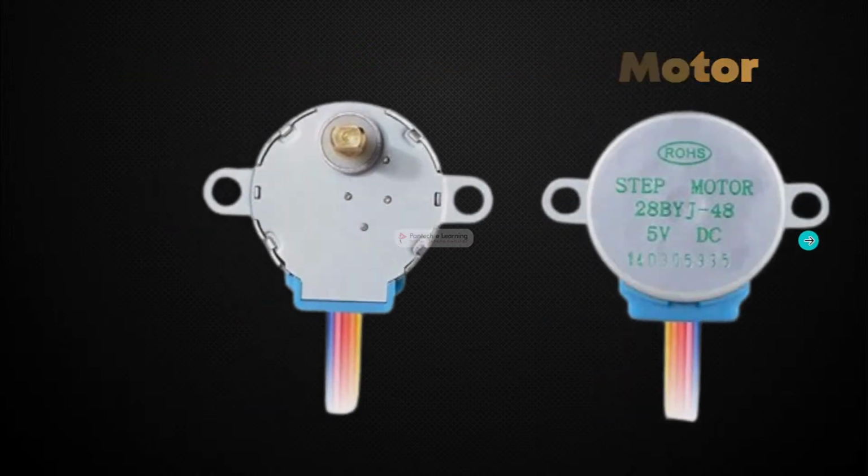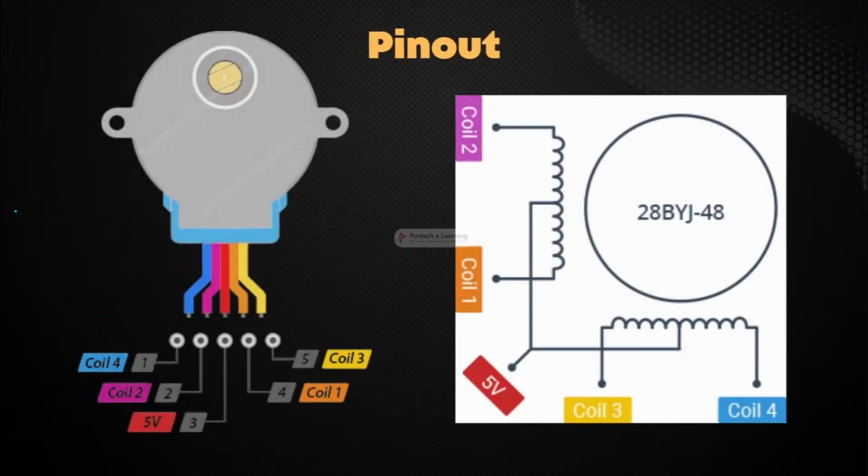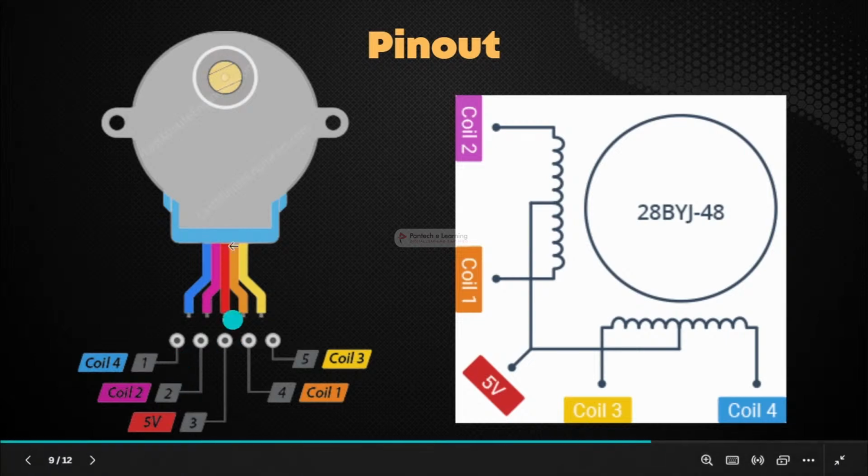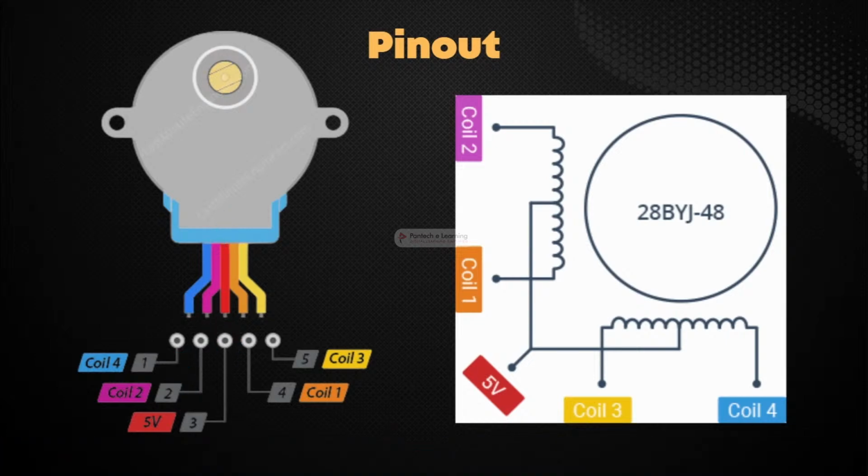So now let's see the pinout of this particular motor. It has 2 coils, each of which has a center tap. These two center taps are connected internally and brought out as the fifth wire, this red wire. One end of a coil and the center tap form a phase, so it has a total of 4 phases.